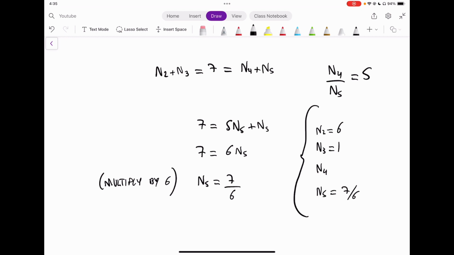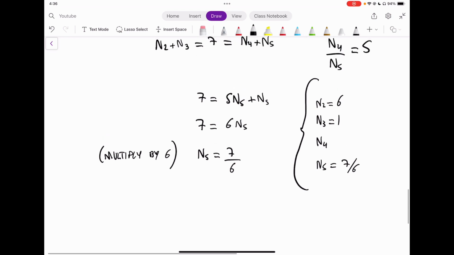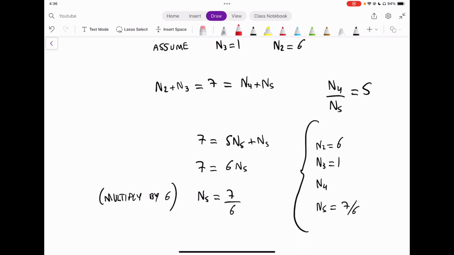And if we multiply by 6, N5 is eventually going to become a whole number. And by the fact that we developed this equation from N2 plus N3 equal to 7, which is equal to N4 plus N5, it means that if we multiply everything by 6 in the equation, we will satisfy this top equation. And we're going to make it a whole number as well.